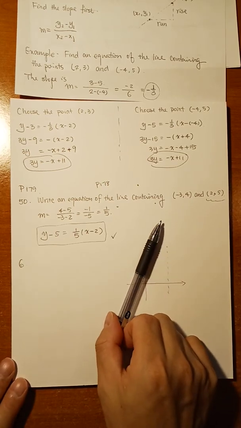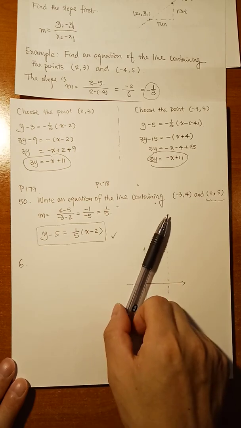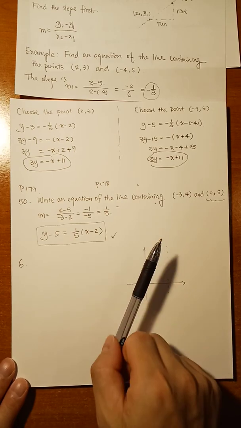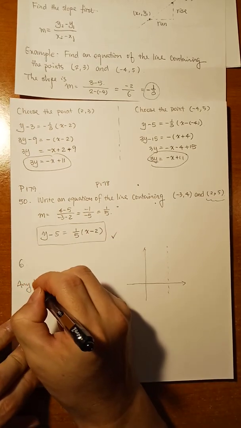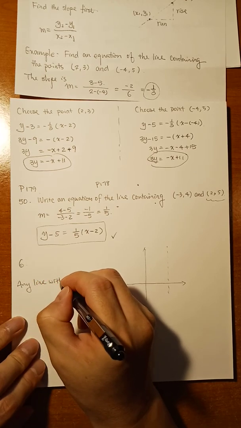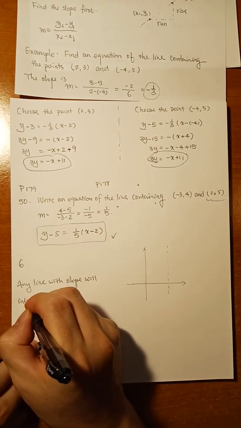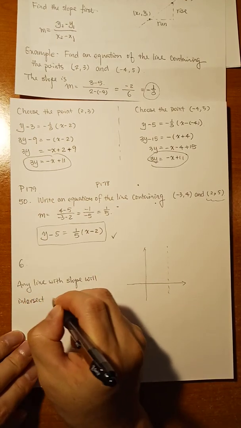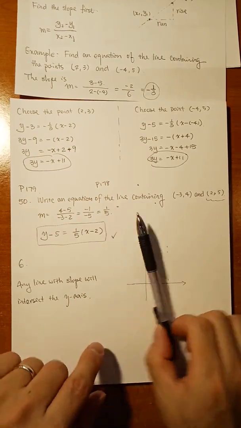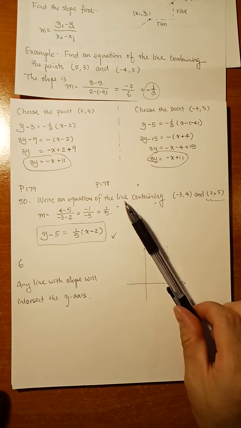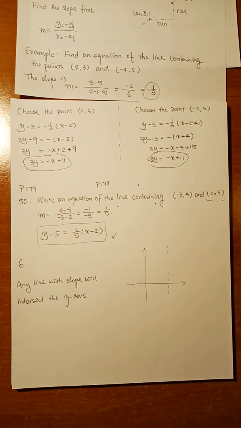Any other line with a slope will eventually intersect the y-axis, because the y-axis is vertical and your line is not vertical, so they will intersect. Only a vertical line does not intersect the y-axis.